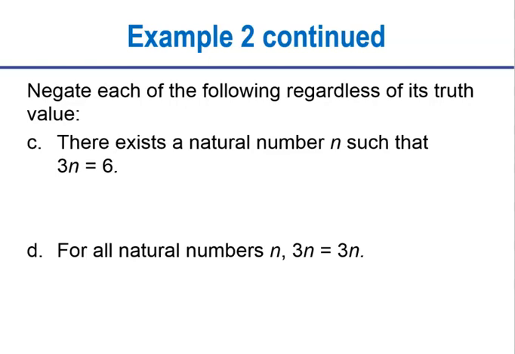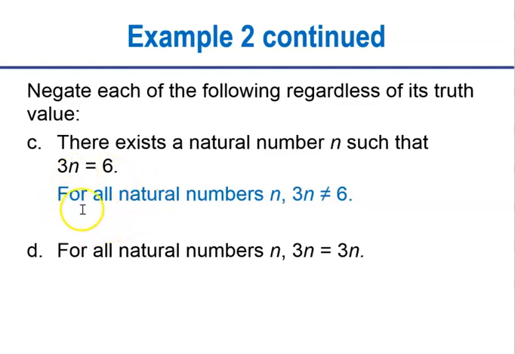All right, so the negation of this is going to be a universal quantifier. You're going to speak about all of them. And the answer, you could say, is for all natural numbers, 3n is not equal to 6. So notice we go to the universal and we change the truth value of 3n equals 6 to 3n is not equal to 6.